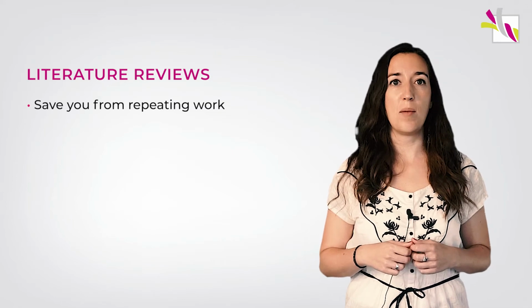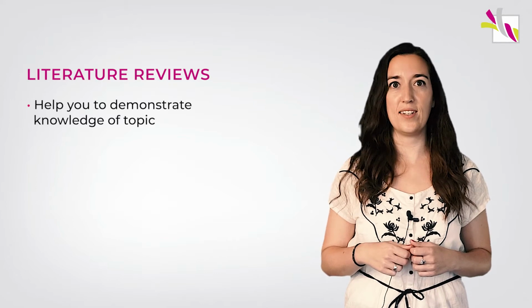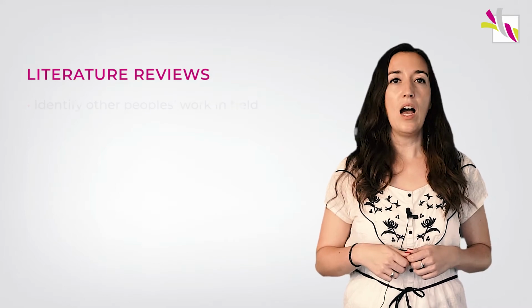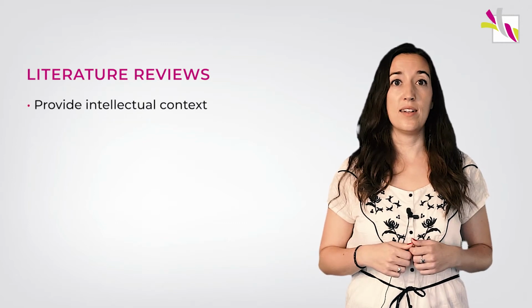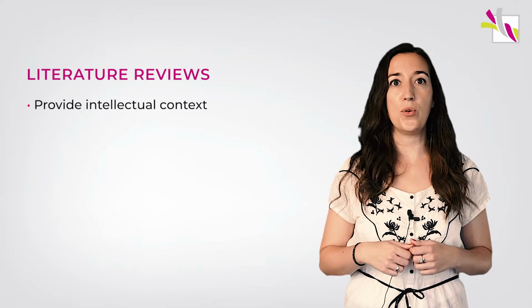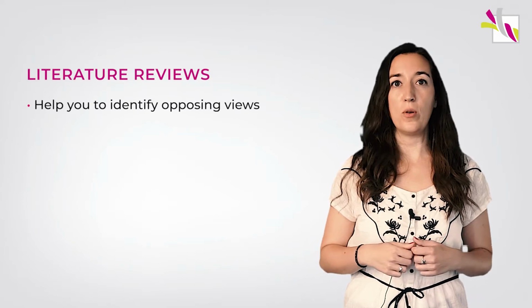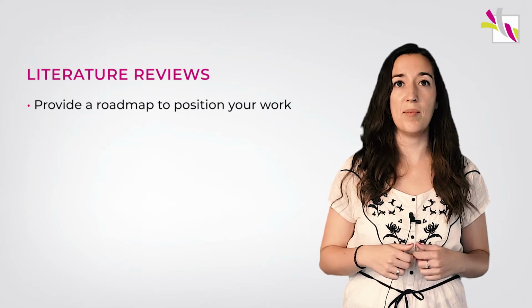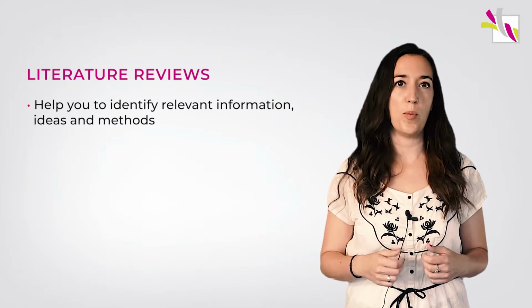A literature review also saves you from wasting time researching something that's already been done, helps you to demonstrate the depth of your knowledge about your topic, identify other people working in the same field, allow you to engage with other authors working in your same area, provide you an intellectual context for your work and allow you to position your research in light of other work, help you to identify opposing views, provide you a roadmap to position yourself within an academic debate, and help you to identify information, ideas, and methods that might be relevant to your project.